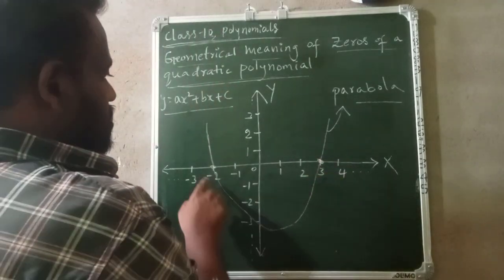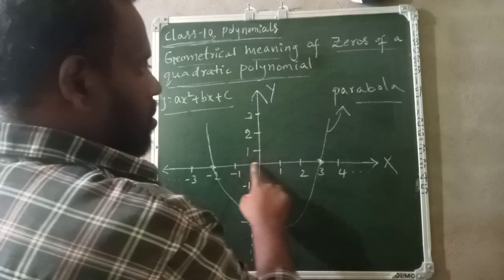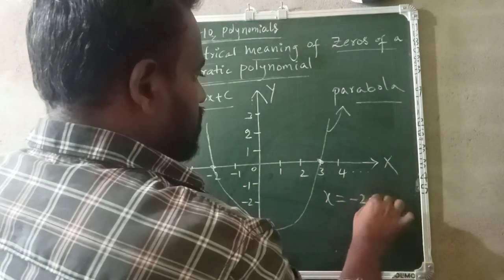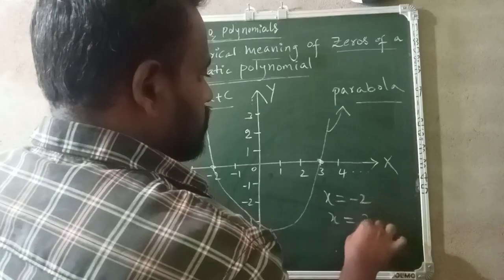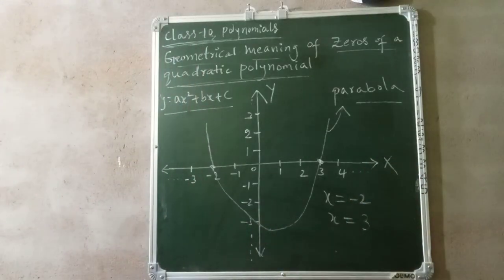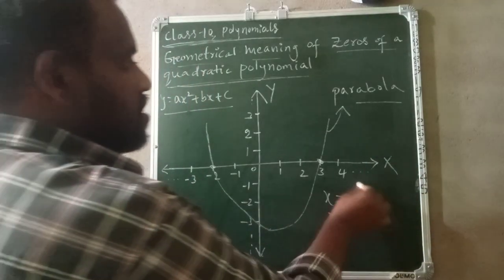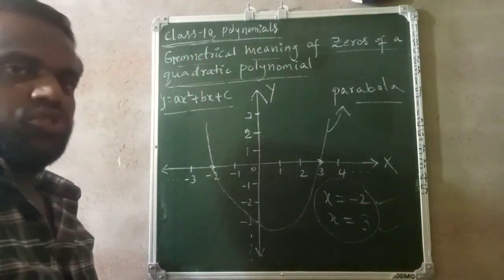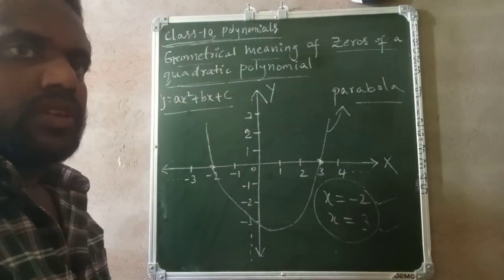Since these -2 and 3 are present on the x-axis, we will take x is equal to -2, x is equal to 3. Now these are called zeros. Okay. You got it right?